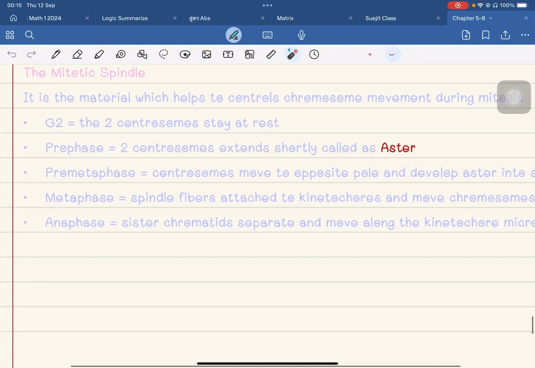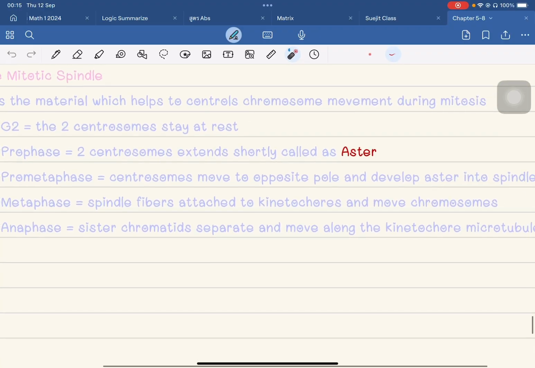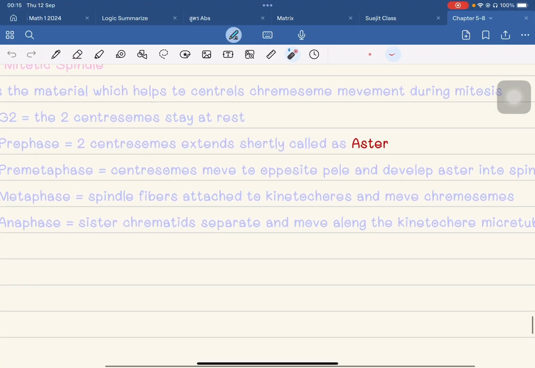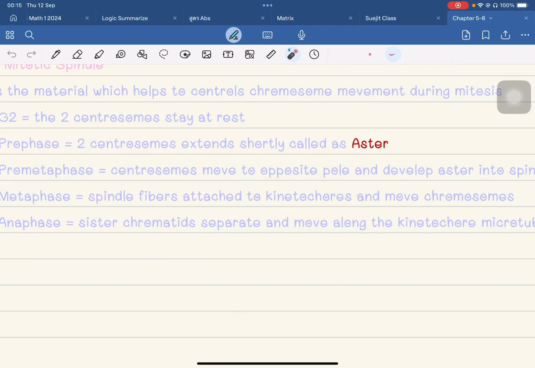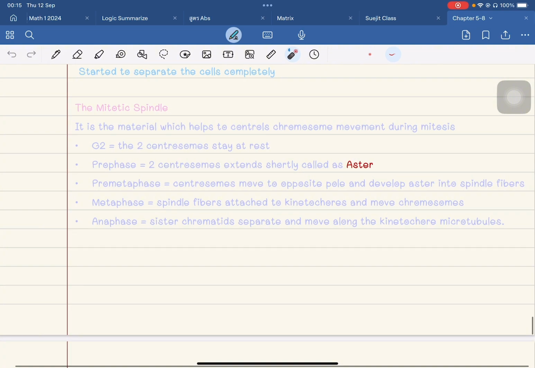And then the metaphase is when the spindle fibers attach to the kinetochores, which are proteins in the middle of the chromosomes. They connect to the kinetochores and move the chromosomes into a line.